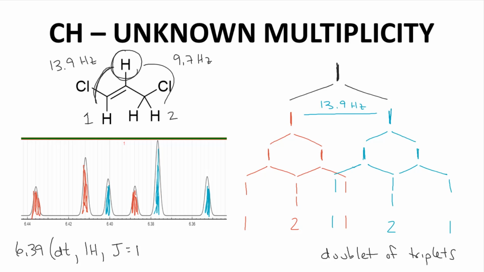So J equals 13.9 and 9.7 hertz. This signal shows that neighbors are not always equal, especially when alkenes are involved. We can still report these signals, but we need to include all applicable J values.